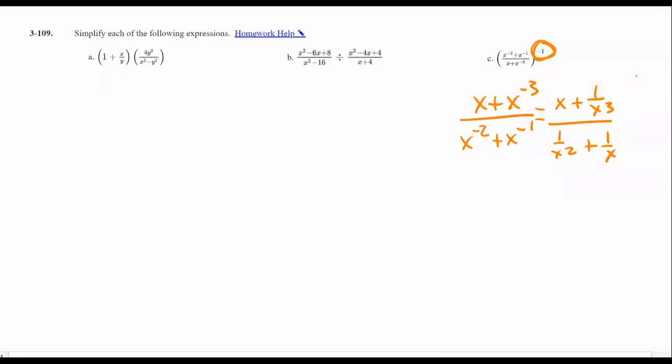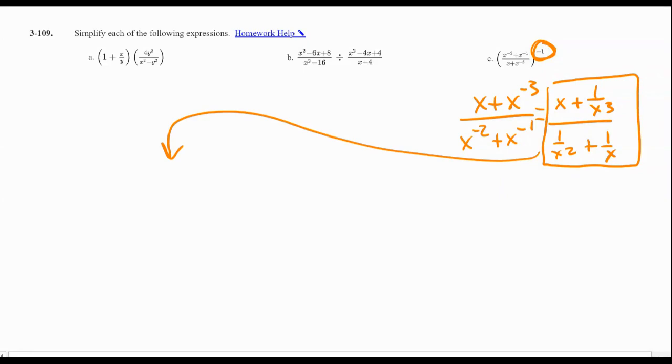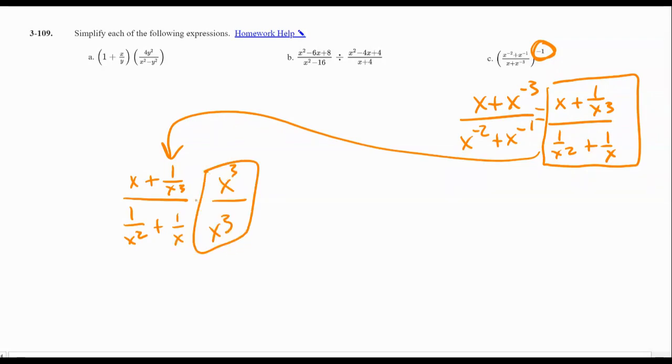Now that I have this, I need to get rid of the fraction within a fraction. To do that, I need to figure out what I can multiply by the top and the bottom that will get rid of all of the little denominators. In this case, it is going to be x to the power of 3. So now I distribute, because I'm multiplying and not using an exponent.